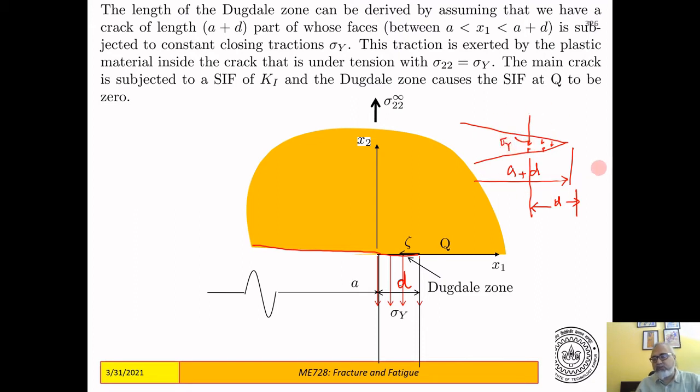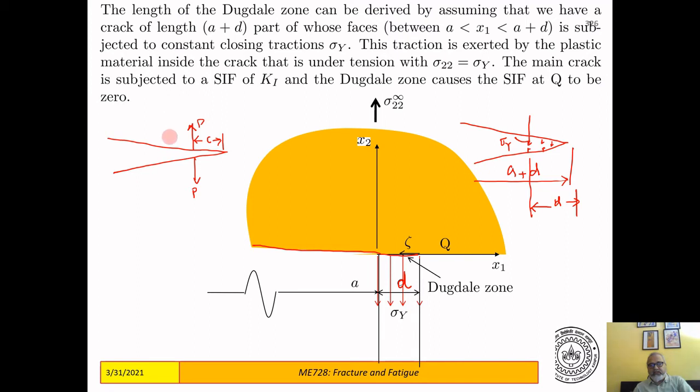So this is the problem that we solve, and we try to use the linear elastic relations to solve this problem. The actual problem that you will find in the handbooks is this, where you have two loads acting at a distance, let's say c, from the crack tip.